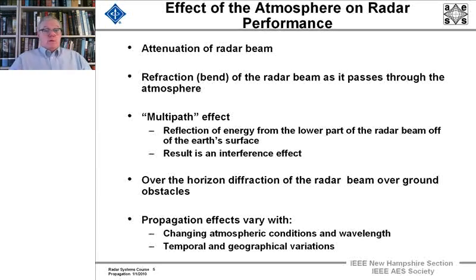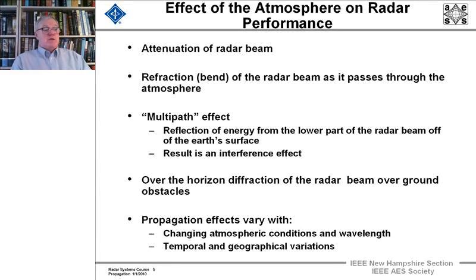Or I'm in one room in my house, and right behind me is the front hall, but there's an open door to my left, and if someone was speaking, the sound waves would bend around, and they diffract. And likewise, the radar beam can diffract over ground obstacles so that you can have non-line of sight propagation.